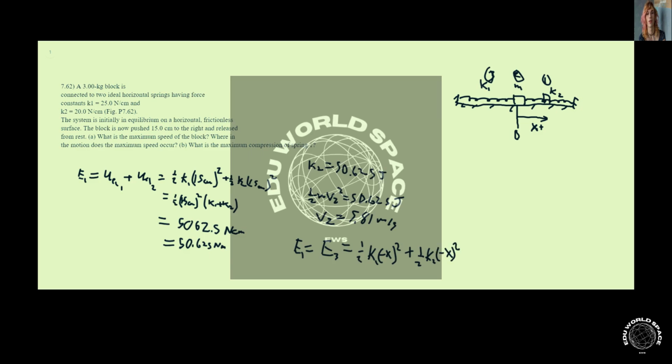This is essentially symmetrical to how we calculated it before, same K1 and K2, but x is just negative, and we square it anyway, so it doesn't matter. This means that x is equal to 15 centimeters.